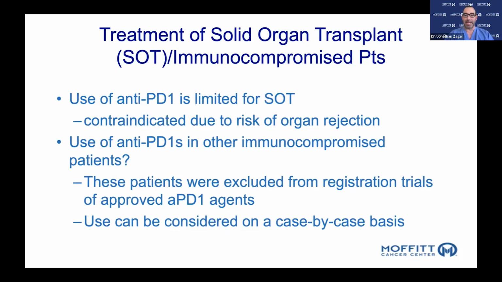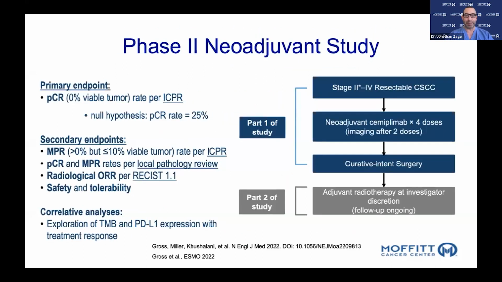Maybe. And I know this is being actively studied, including using it in organ transplant patients and trying to play with their anti-rejection drugs to see if we can have a nice balance of giving an immunotherapy while not rejecting their solid organ. And it's definitely considered sometimes at Moffitt on a case-by-case basis.